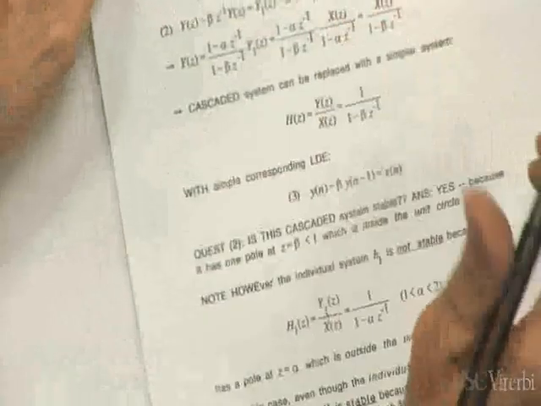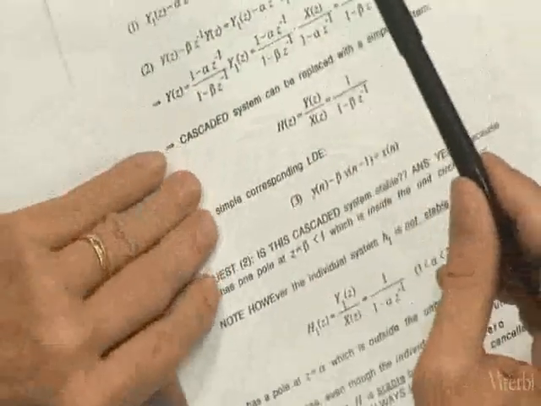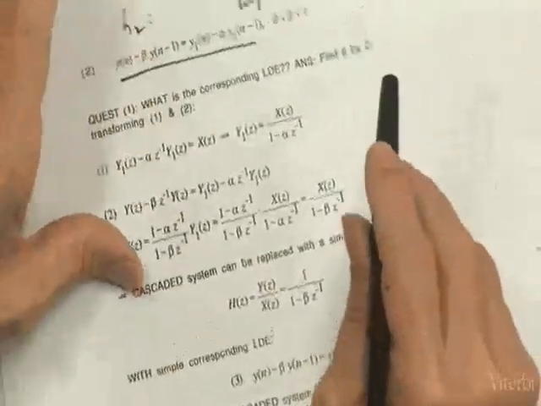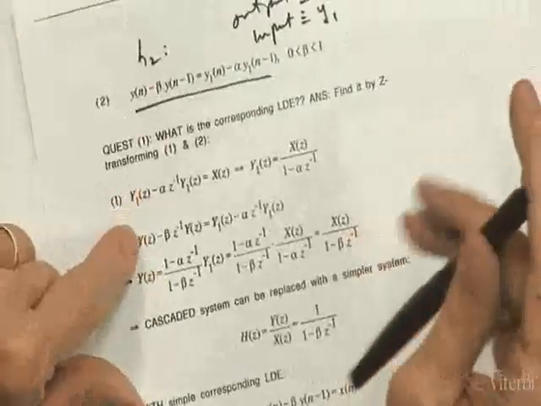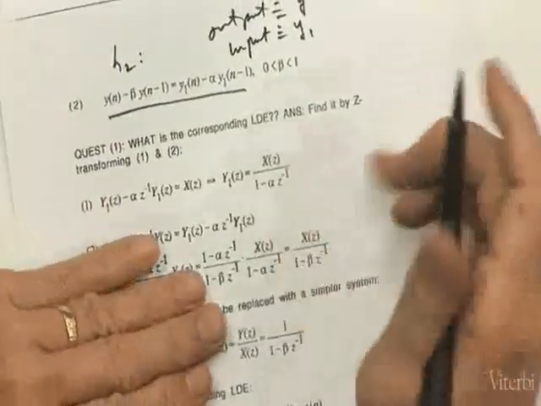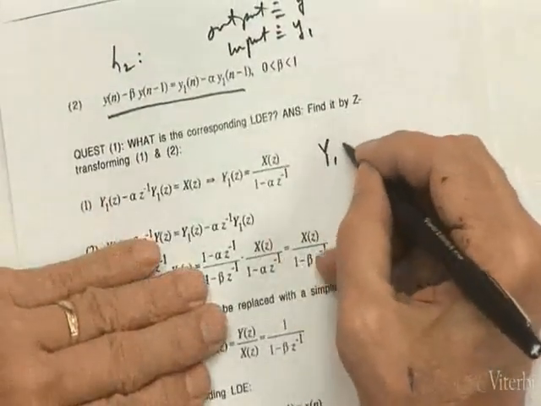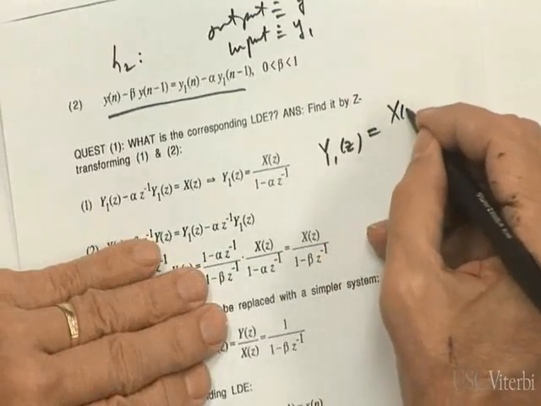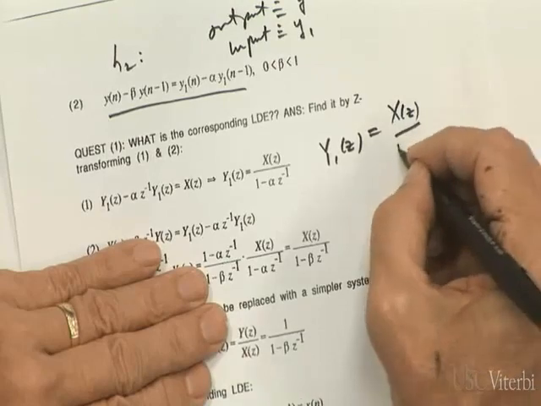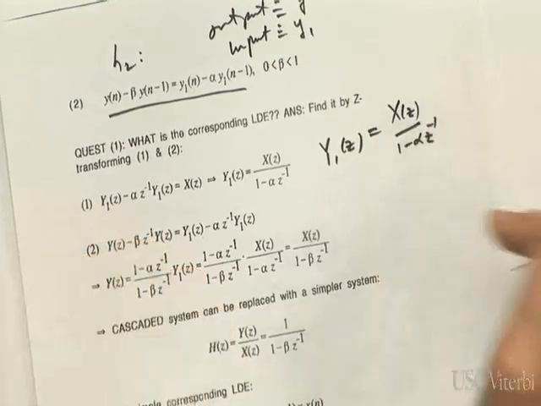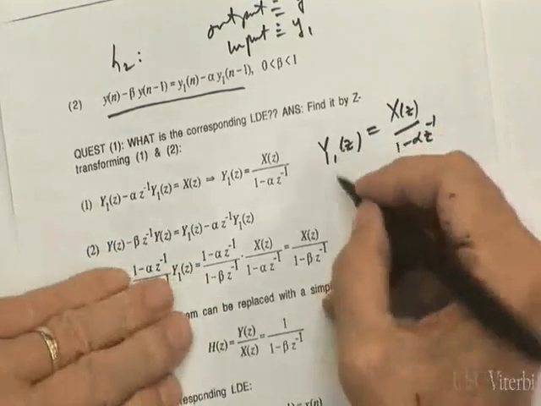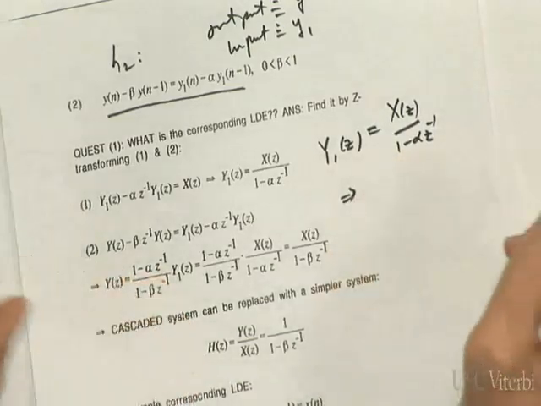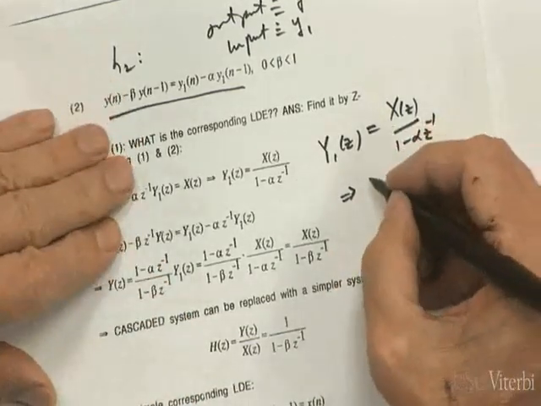Do this. Use the z-transform. So for that first system, you will find that you'll get a result for Y1 of z, which is equal to X of z over 1 minus alpha z inverse. And that implies what? Remember the first system, y1 is the output.